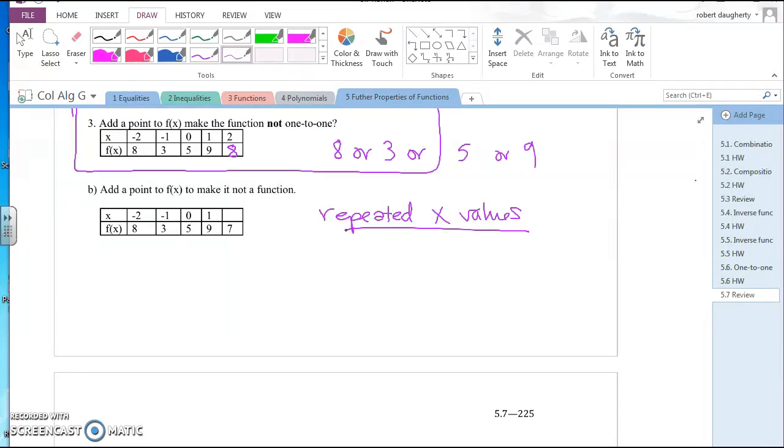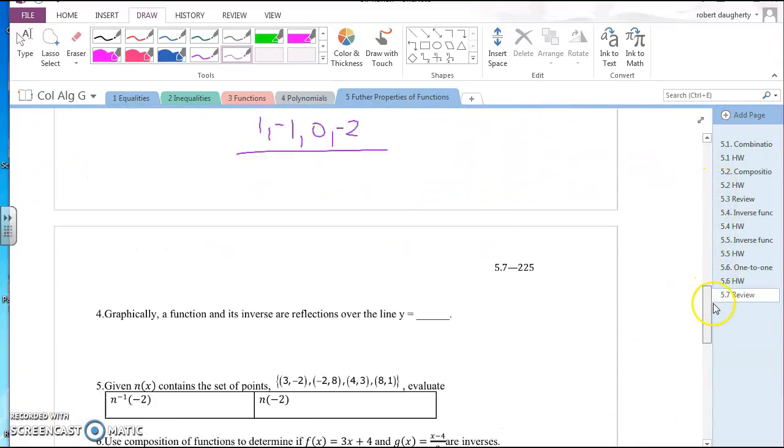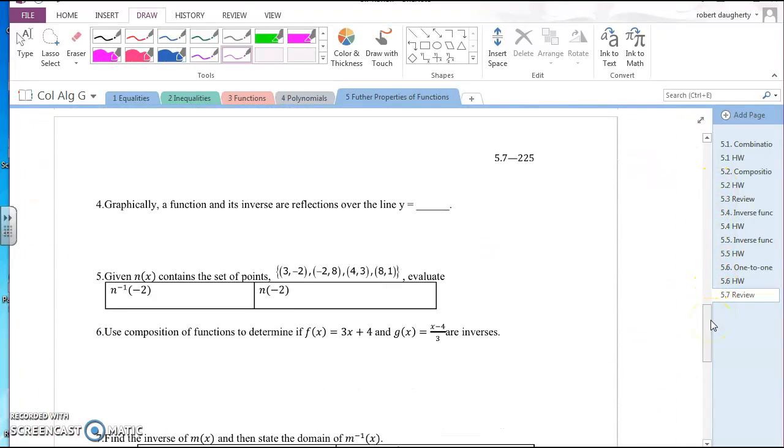So I can either put a negative 2, a negative 1, a 0, or a 1 in that box. So repeat an x value. Any of those numbers would have worked as an answer for that. Okay? That is the end of that page, which is page 1 of the review, and we'll come back for page 2.